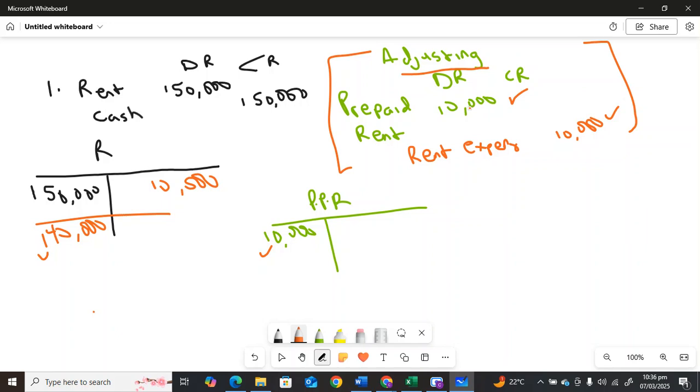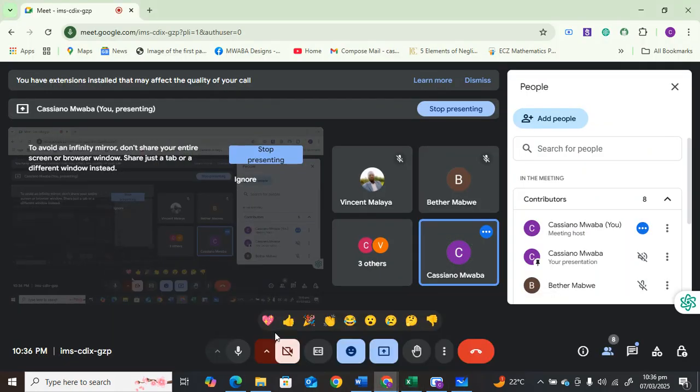Now, the good thing is in the financial statement questions, you won't need to show this adjusting entry or this original entry or these T accounts. You just have to remember, deduct the expense and include it as a current asset in the balance sheet.